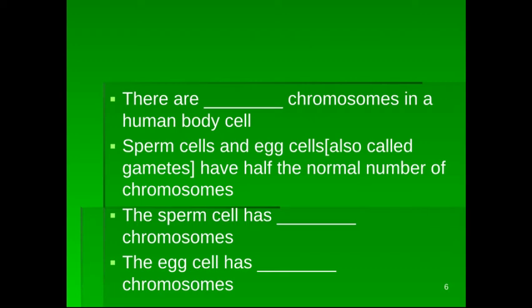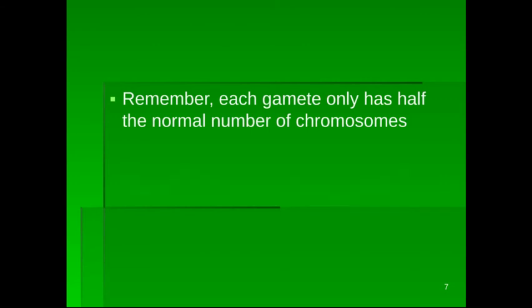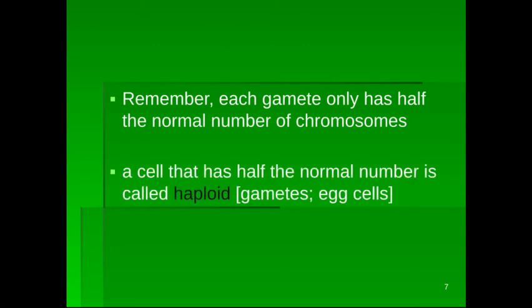So body cells have 46, but when we're looking at our gametes, the egg and the sperm, they each have half that number, 23. And there's a reason for that. Before we get into the reason, a cell that has half the number of normal chromosomes is called haploid.